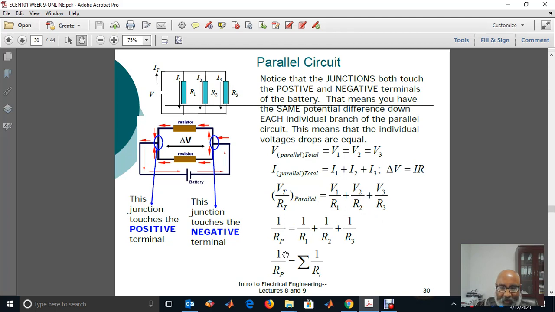Therefore, 1 over R total, the equivalent resistance of the parallel circuit, is 1 over R1 plus 1 over R2 plus 1 over R3. If we have more parallel branches, 1 over R total is equal to 1 over R1 plus 1 over R2 plus 1 over R3 plus etc.